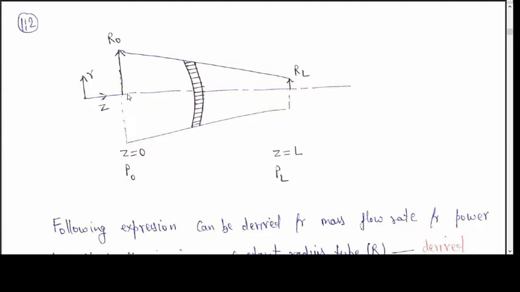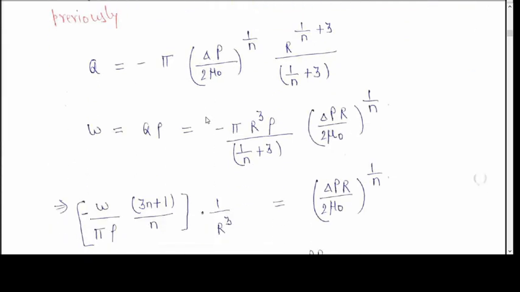Whatever mass enters the tube, the same mass will continue throughout. So that volumetric expression we will convert into mass, so that the mass conservation equation can be applied uniformly throughout, because mass is a conserved quantity that will not change by changing the cross section.